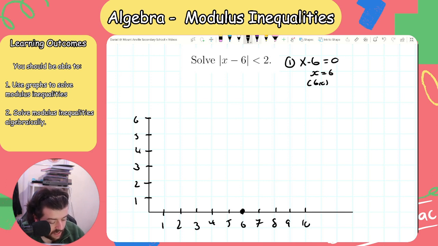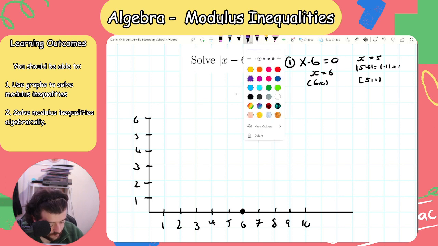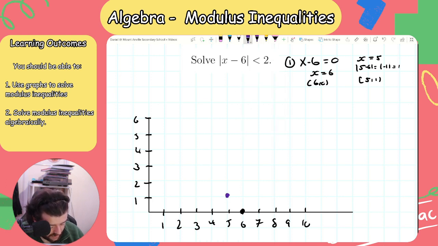Next, I need one point to the left and one to the right. I'm going to choose x is equal to 5. So 5 minus 6 is equal to the modulus of minus 1, which is equal to 1. So my next point is 5, 1, which is here.